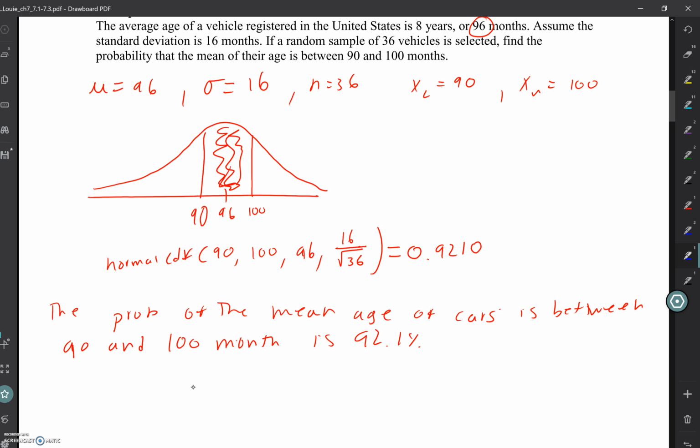It actually works for any of those sample sizes. You can put it in there if you want, and it doesn't matter. You can say the probability that the mean age for the 29 cars is between this is 92%. I'll take it with the N or without. Yes, it changes the standard deviation.